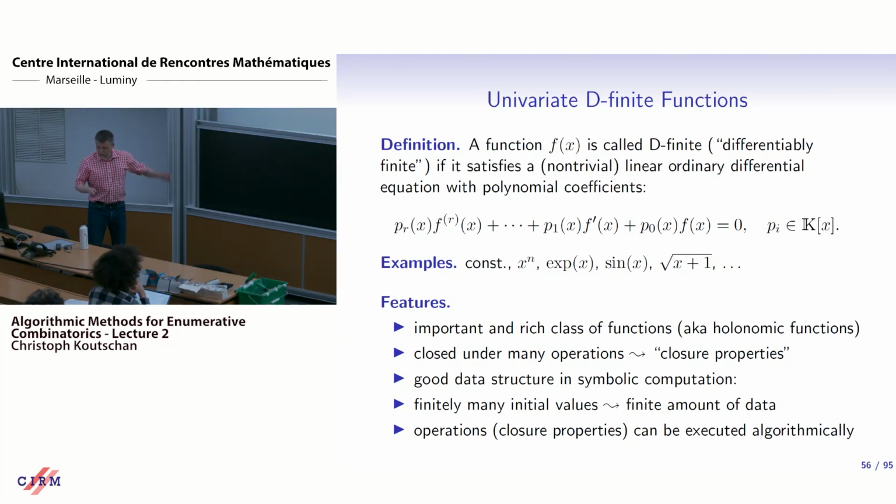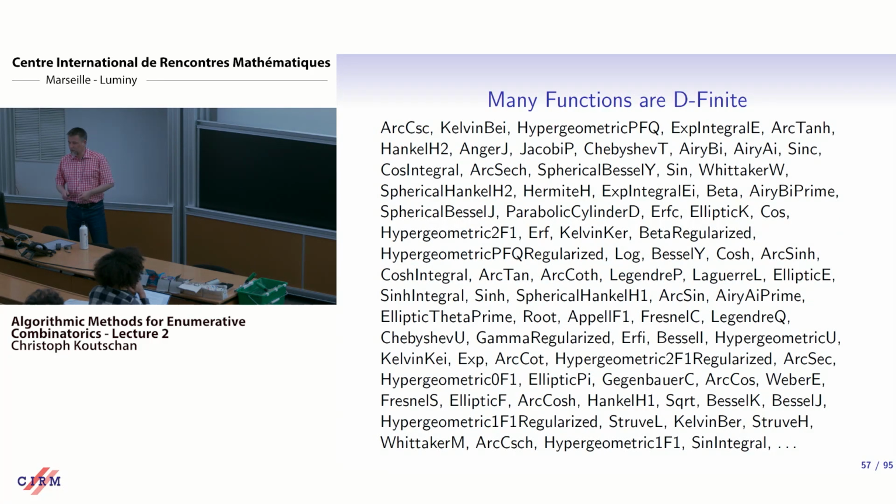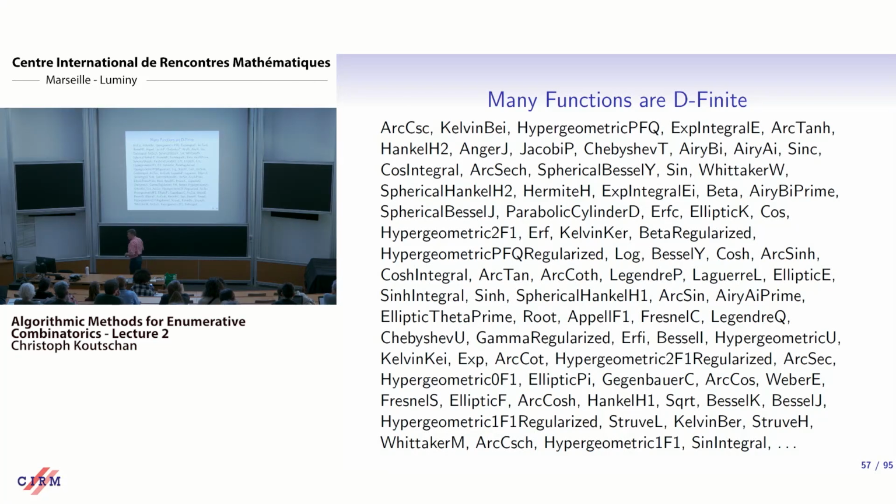And all these operations, of course, can be executed algorithmically, so you can implement it and do it without hand calculations. So here is a non-exhaustive list of functions that fall into this class. And if you are familiar with special functions, you recognize many of them: trigonometric functions, hypergeometric functions, orthogonal polynomials, whatever.